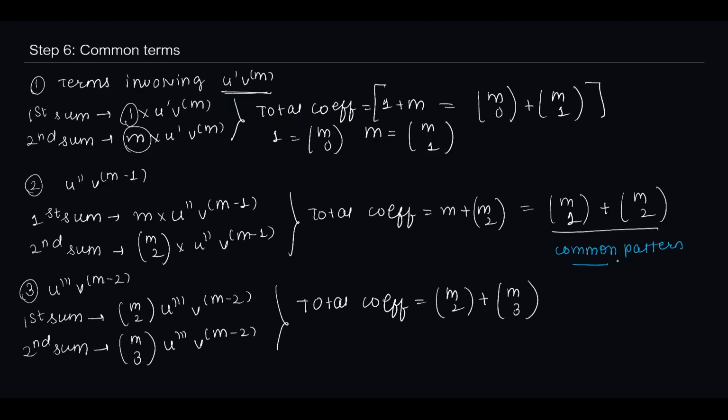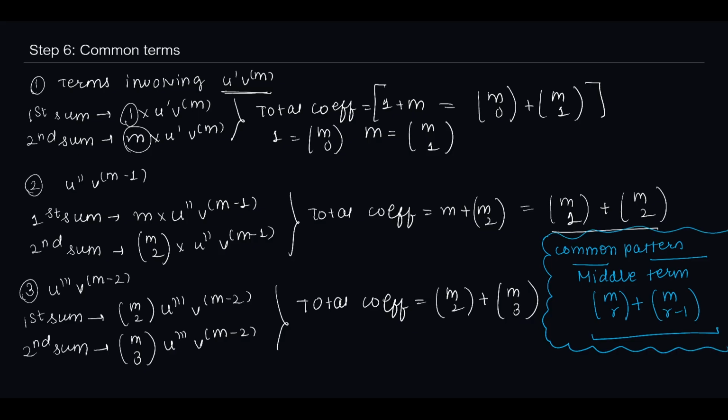The common pattern from here is that every middle term gets m choose r plus m choose r minus 1. If you notice carefully, this is m choose r and this is m choose r minus 1. Similarly here, so this is the common pattern that we have noticed. This happens because the same derivative term appears once in the first summation and once in the second summation.